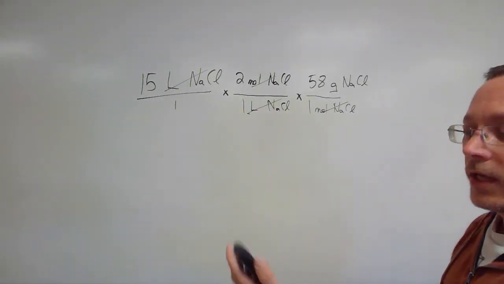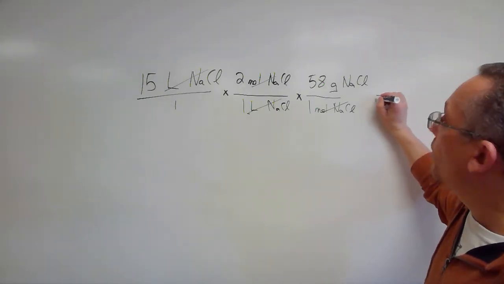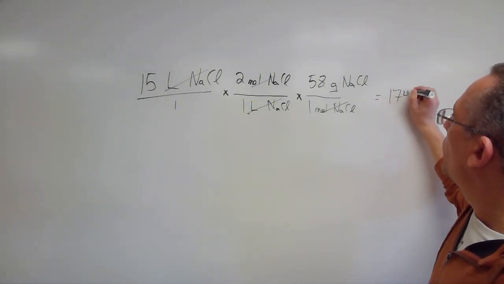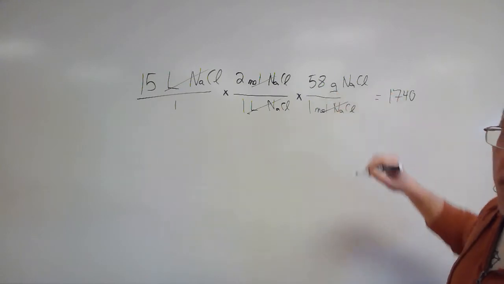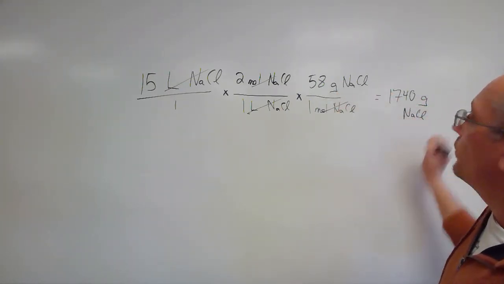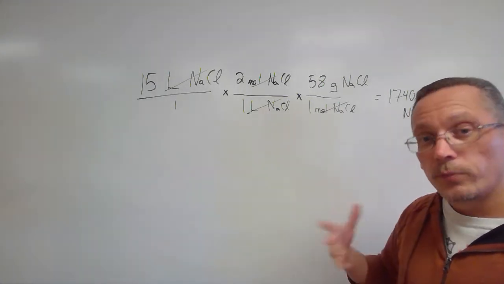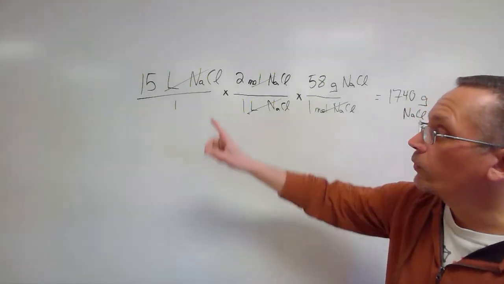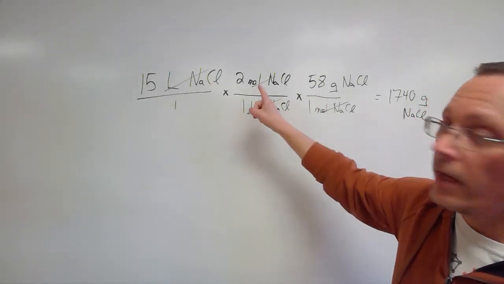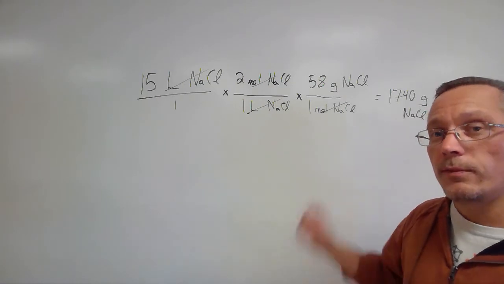So I get 1,740, and that'll be grams of NaCl. So there's one particular type of problem we can do, where if we know how many liters we want and we know the concentration we want, we can calculate how many grams we would need to make that.